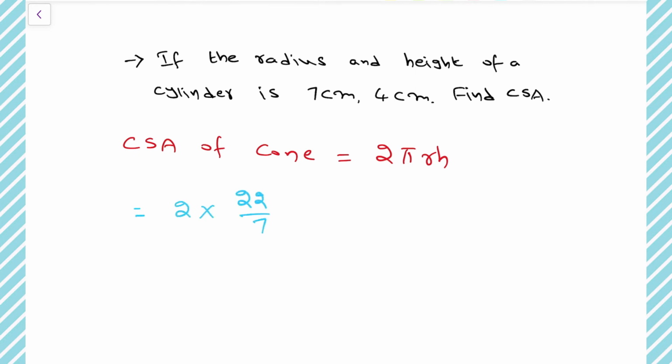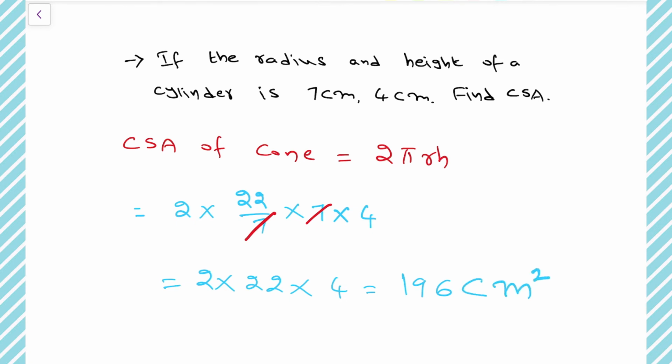So 2 into 22/7 into radius, given as 7 centimeters, and height, given as 4 centimeters. Let us check for cancellation. Here 7 and 7 will both get cancelled. Then we remain with 2 into 22 into 4. 2 into 22 is 44, 44 into 4 is 176. All the measurements are in centimeters and we are finding the area, so this will be centimeter square.